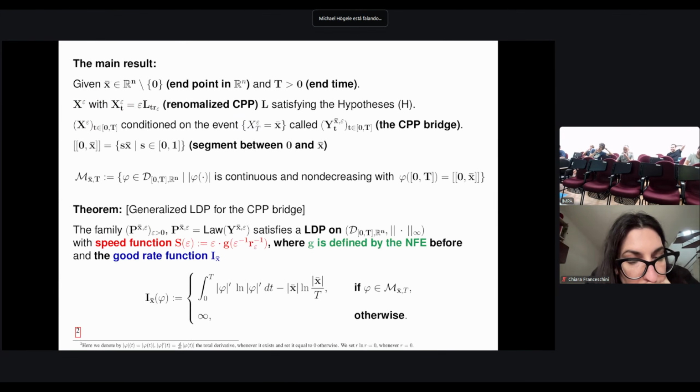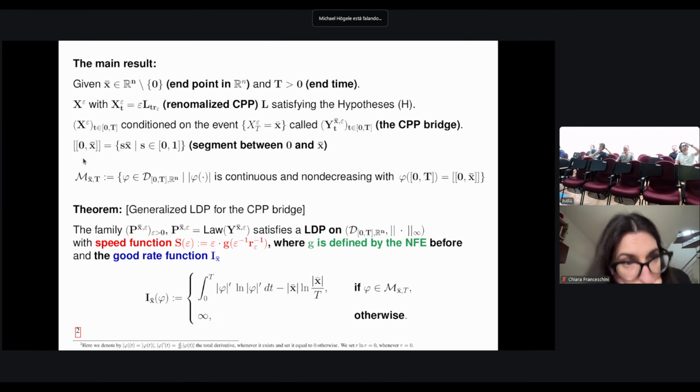Then we fix an endpoint, we fix an end time, and then we look at our Lévy process, which we renormalize in a certain way. We have a prefactor epsilon here. We also have a stretching of the time. This stretching of the time can be larger or smaller, as e to the something, and the something can be with positive or negative exponent. I will show you.